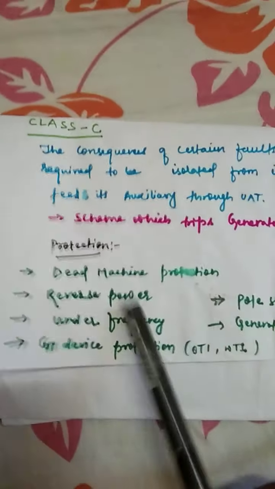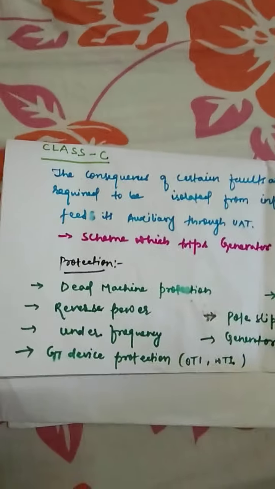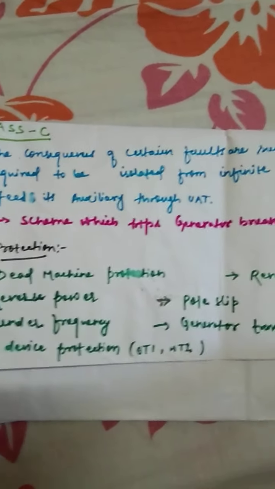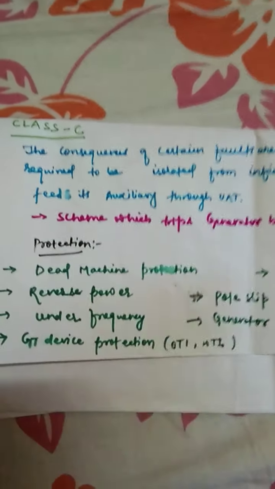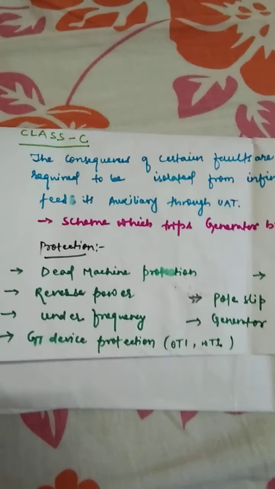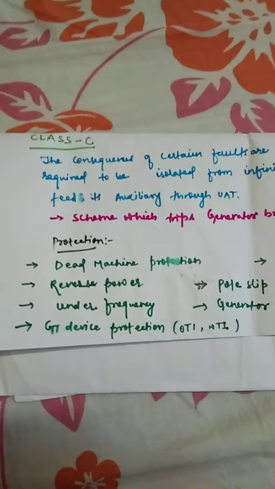So this protection comes under class C protection. These are being schemed in that way. Now what happens if class C protection acts? It trips the generator breaker only, known as class C. So only it will trip the generator breaker while it will supply the auxiliary through the UAT. So these are the protections that come under class C.